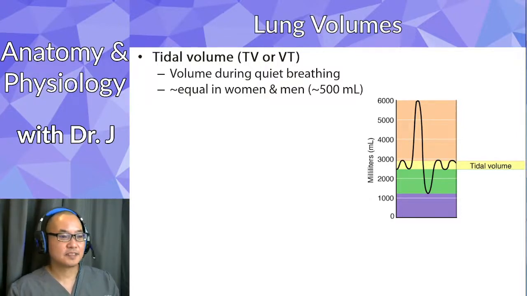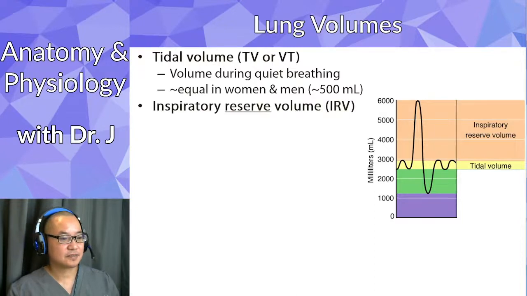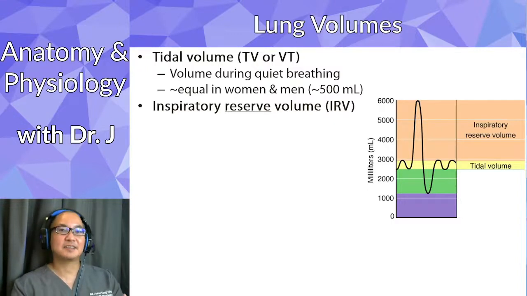Okay, the next volume is inspiratory reserve volume. And how do you measure that? Well, let's trace it right here. So inhale, quiet, exhale. But notice that now the volume inside the lungs shot all the way up here. So what happened is that you're doing quiet breathing, but then the technician, or you on your own, decide: okay, I'm going to inhale as much as I can.